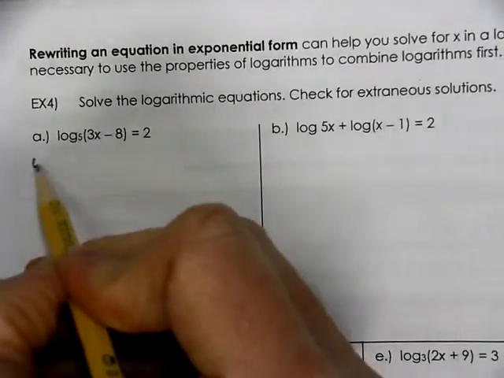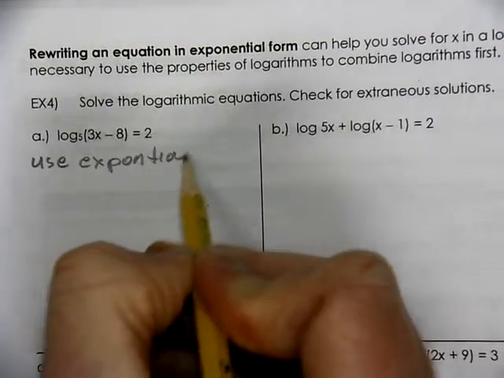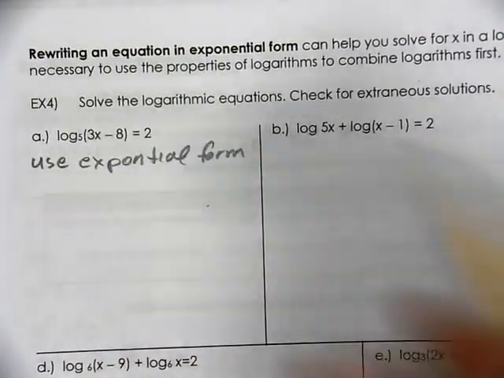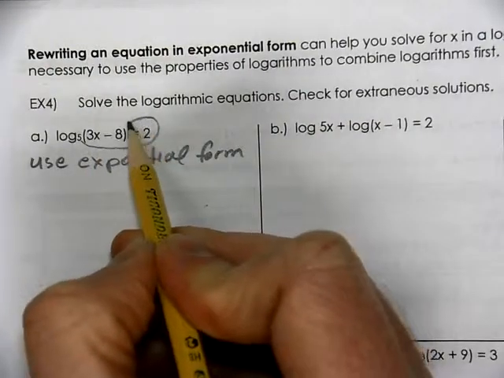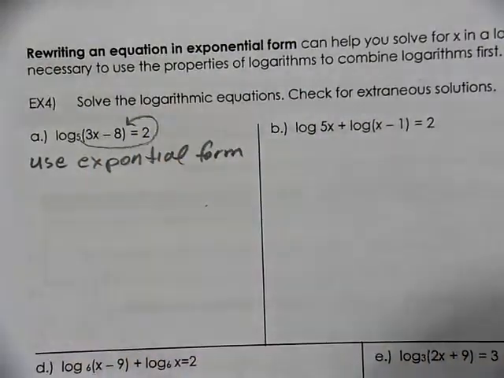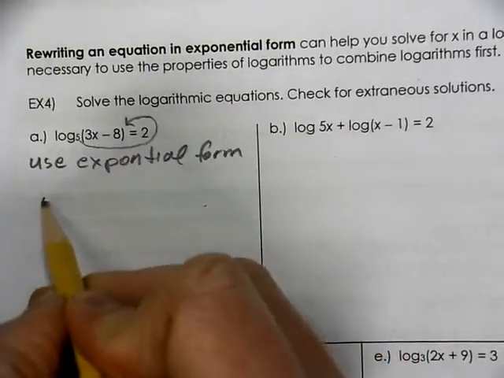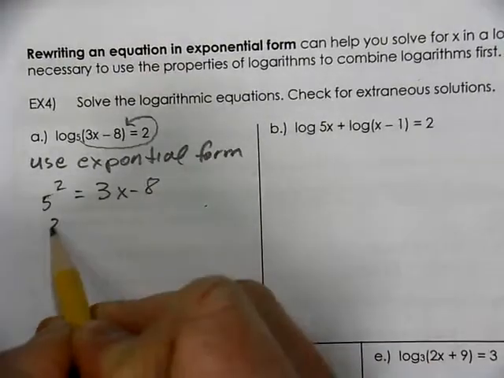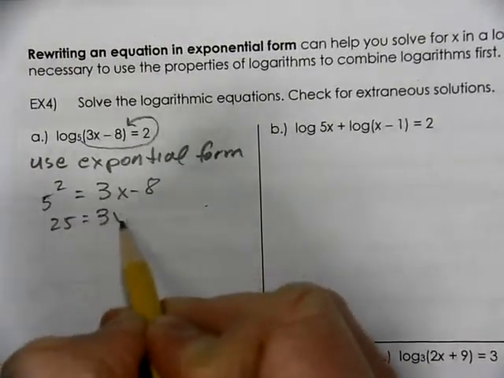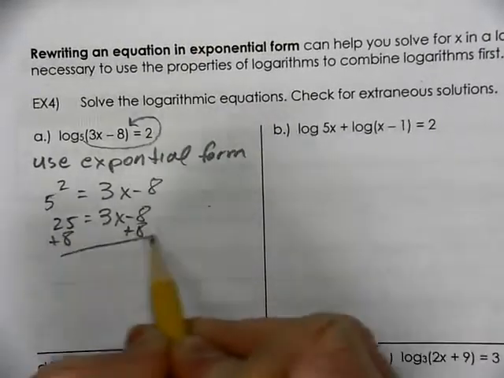So we're going to use exponential form. So that means to take the 5 raised to the second power equals 3x minus 8. So 5 squared equals 3x minus 8. That's 25. Add the 8 across.